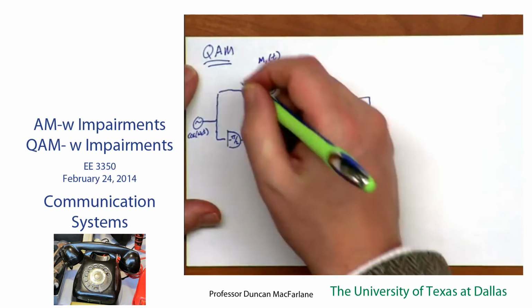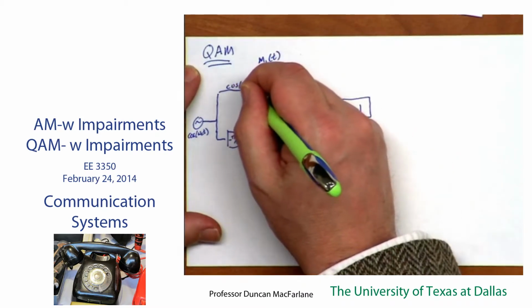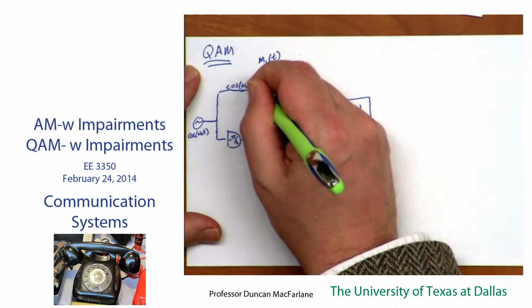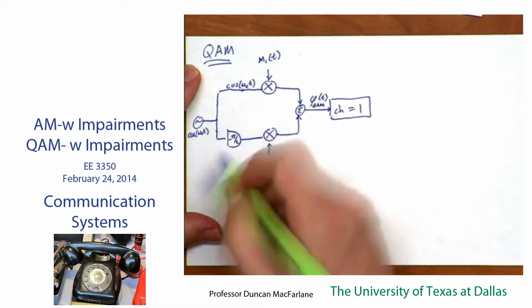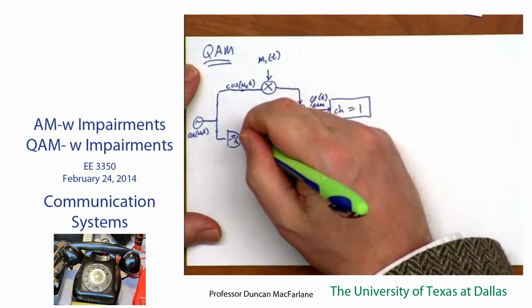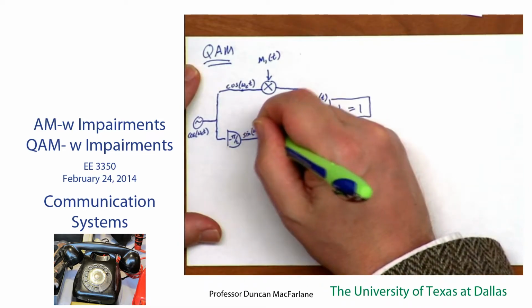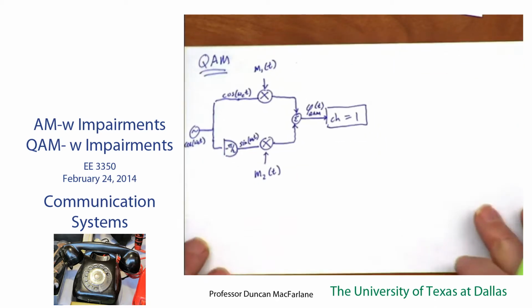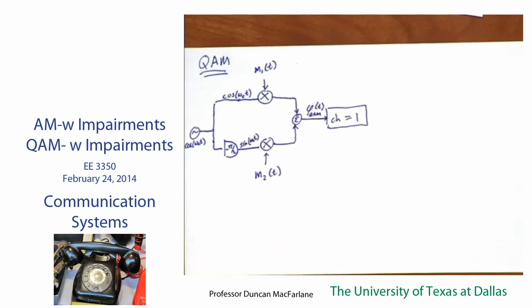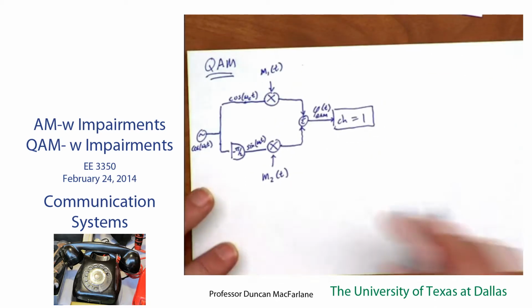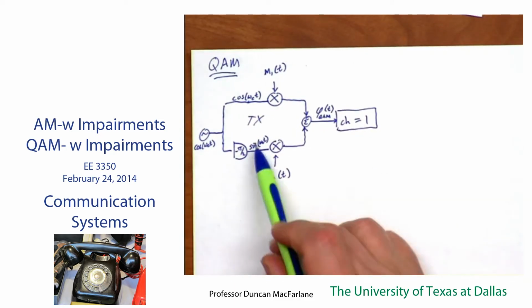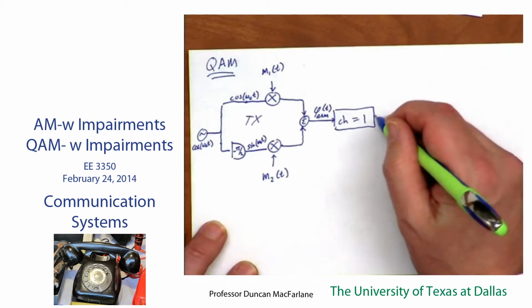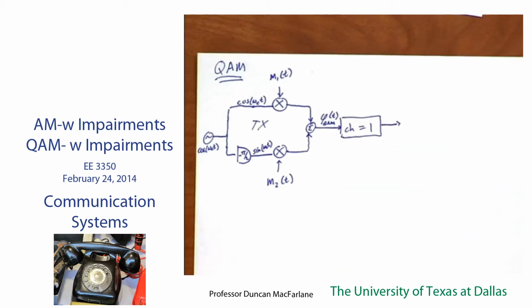Except that I'm modulating one with a cosine omega ct, and after I phase shift that local oscillator, I'm modulating the other one with a sine of omega ct. And so this is my transmitter. Transmitter, channel, and we'll look at the receiver in a second.